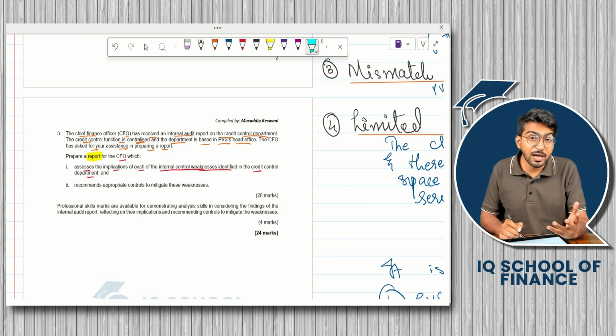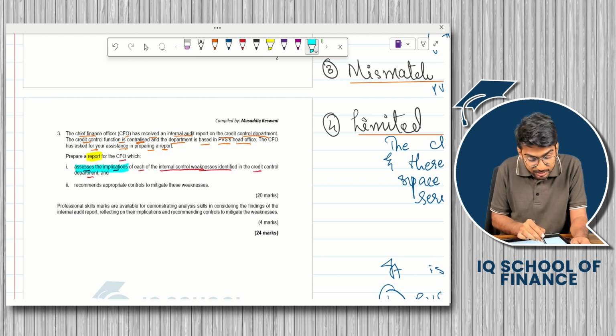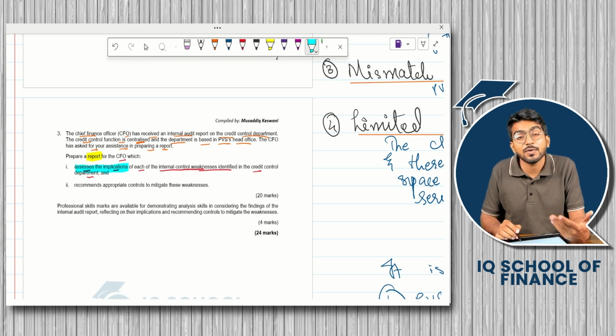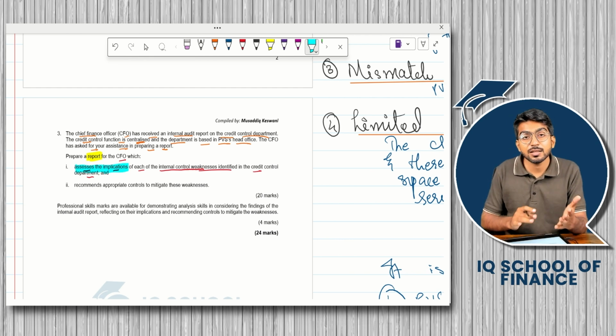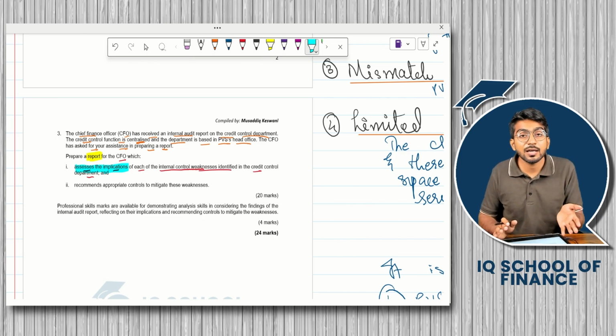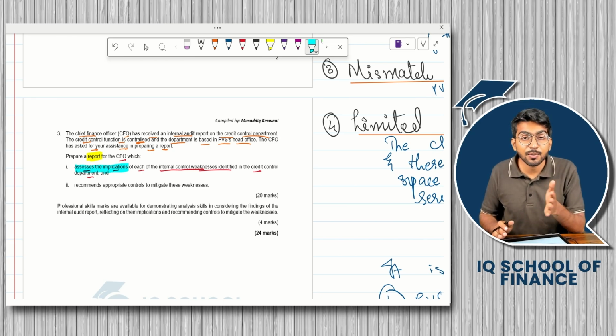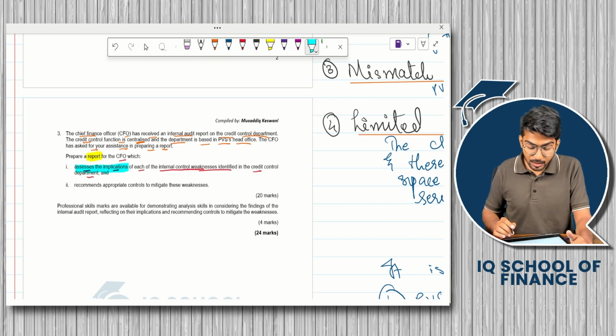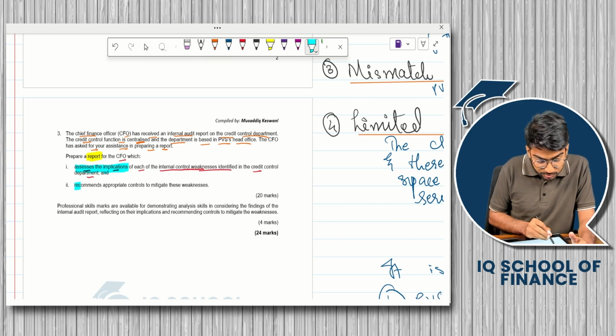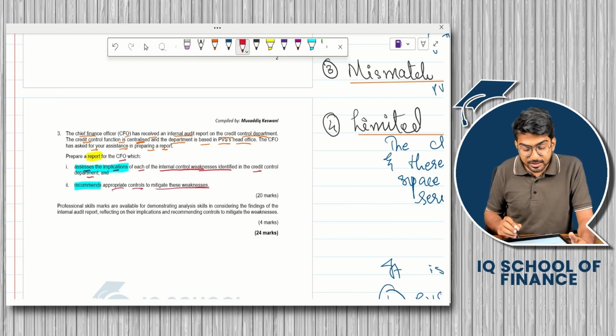What we have to do is assess the implication: if the control weakness is identified, how it will impact our business, how it will create a problem for our business growth, revenues, profit, customers, anything. And the other thing is to recommend appropriate controls to mitigate these weaknesses.